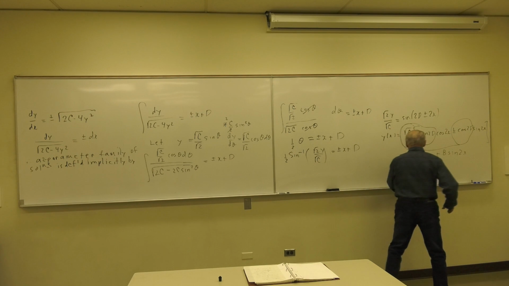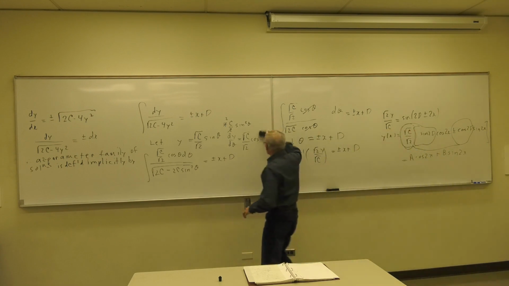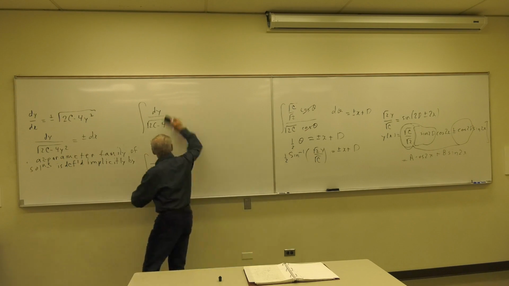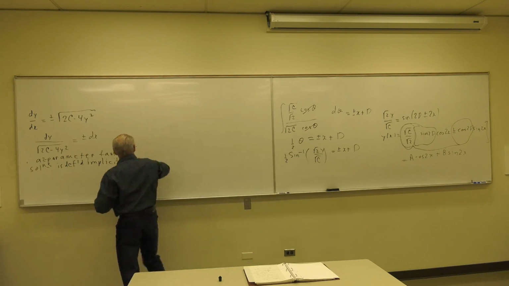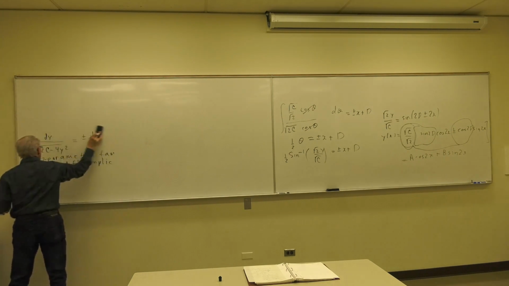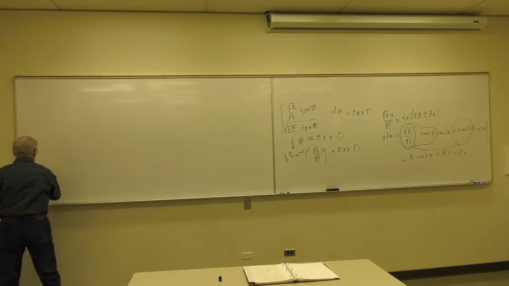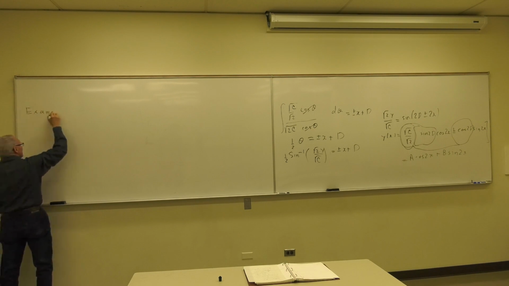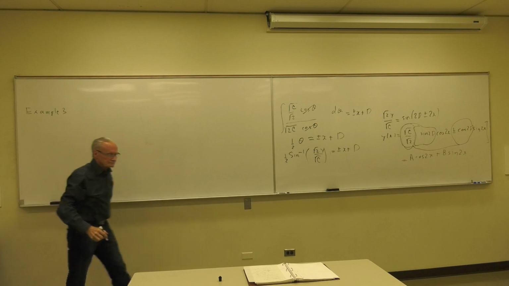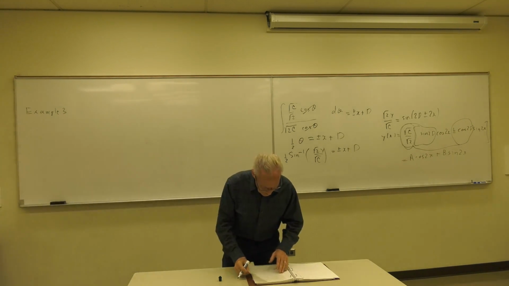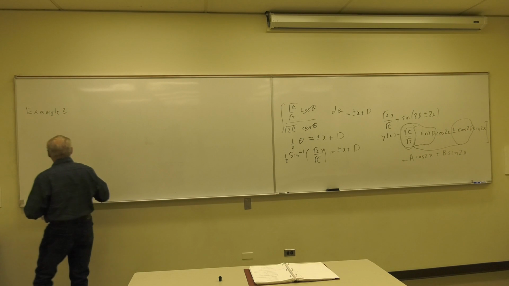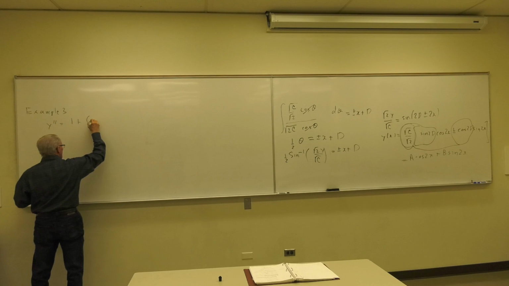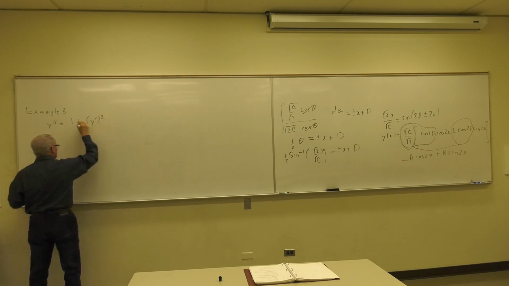One last example, which is going to fall into both categories. So example 3. This one, y double prime is equal to 1 plus y prime squared.